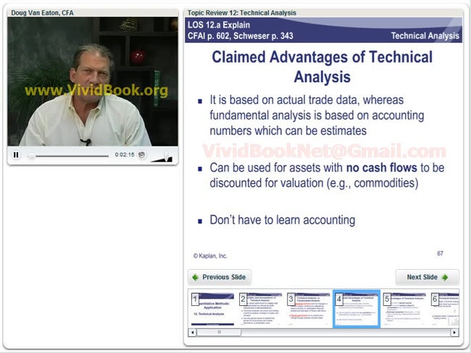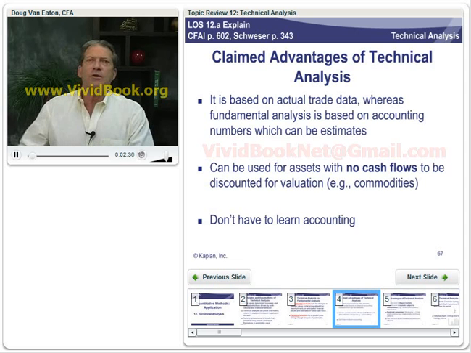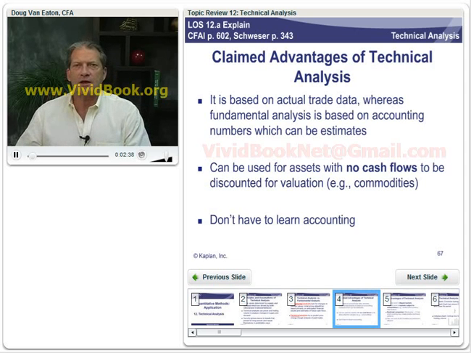So when we get to something like valuing gold, which has no cash flows for us to discount and no intrinsic value for us to come up with, fundamental analysis falls a little short. And the idea is that technical analysis can give us some information and help us predict price movements in some of these commodities with no cash flows. And one of the good advantages of technical analysis is we don't have to learn all that accounting stuff.